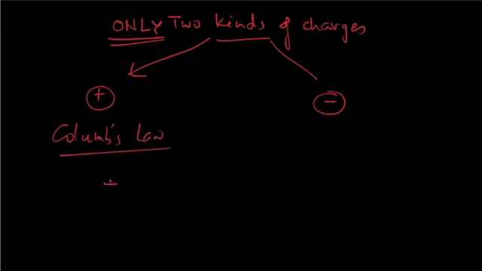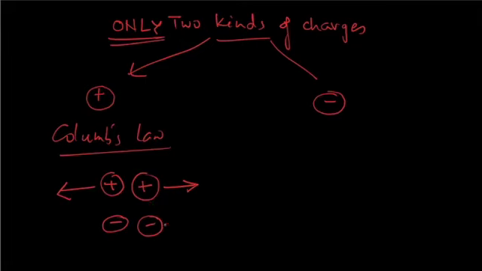If you bring together positive and positive charged particles, they will repel each other. If you bring together negative and negative charged particles, they will again repel each other. They will try to go away from each other. Coulomb's law.